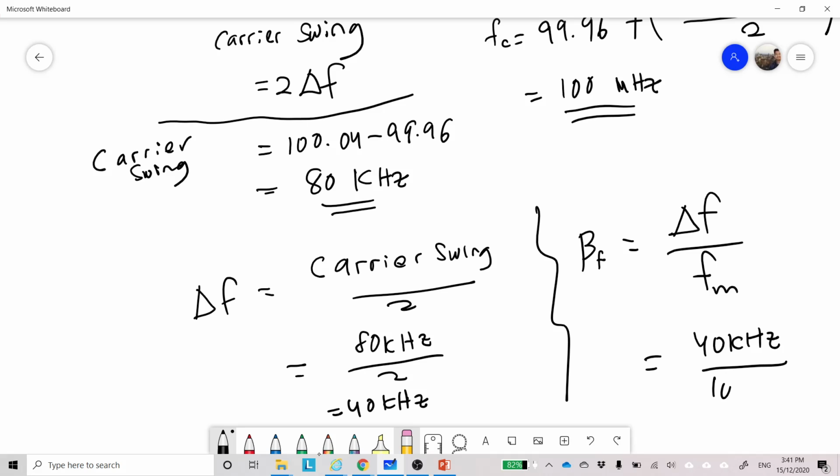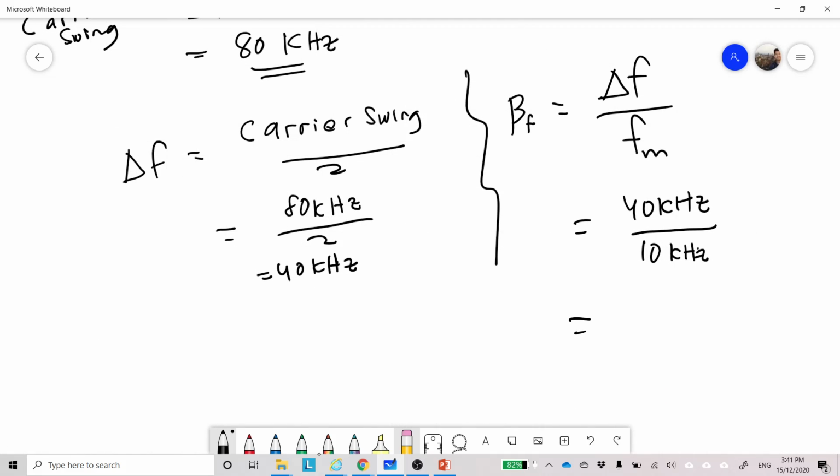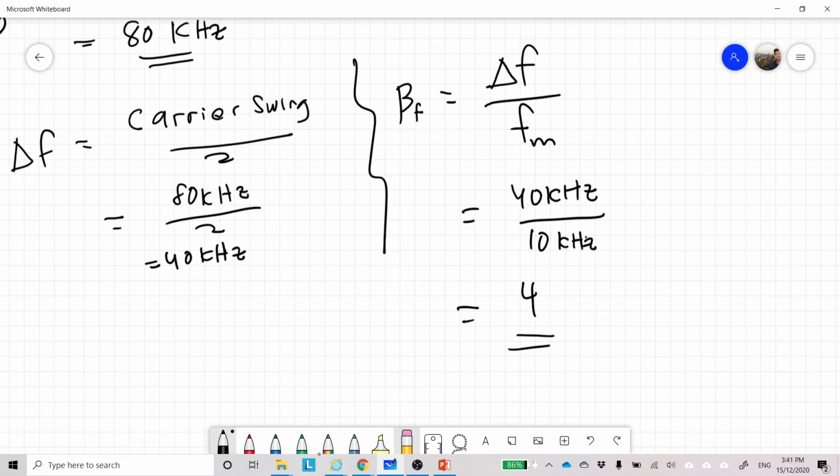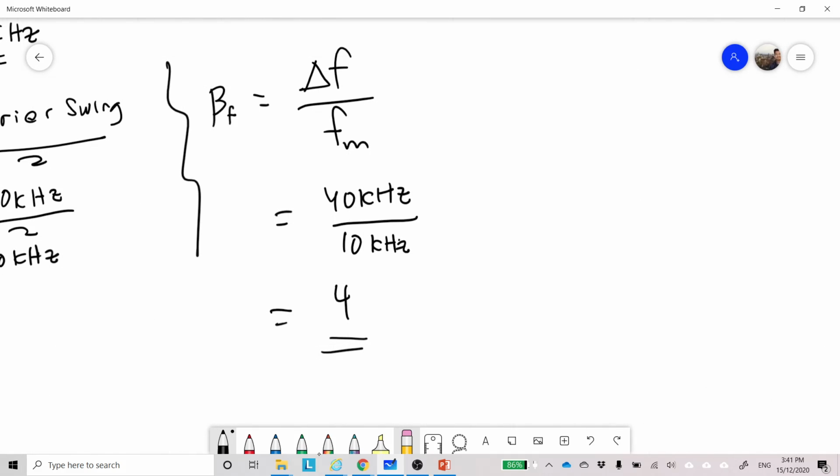Fm is equal to 10 kHz. Okay, so this is equal to 4. And then what? Find the power spectrum. Tadi kita lihat amplitude spectrum. Now dia tanya berkenaan dengan power spectrum.